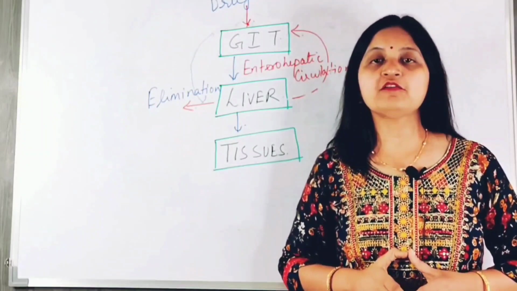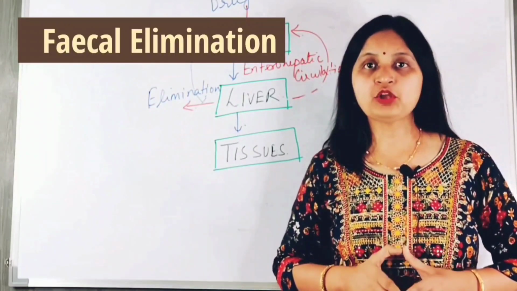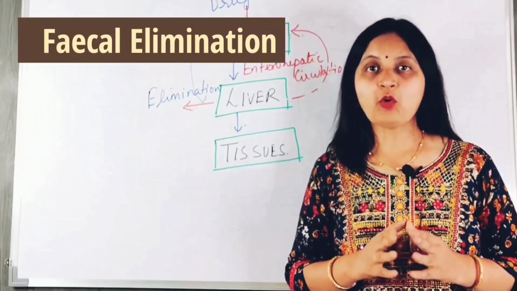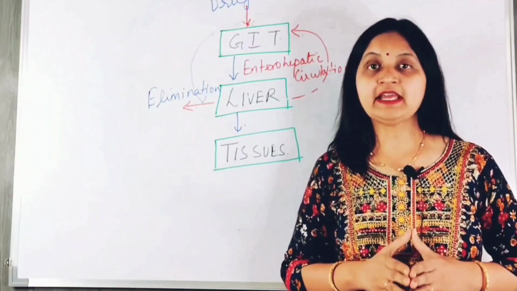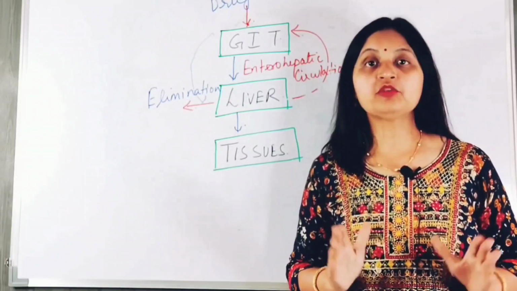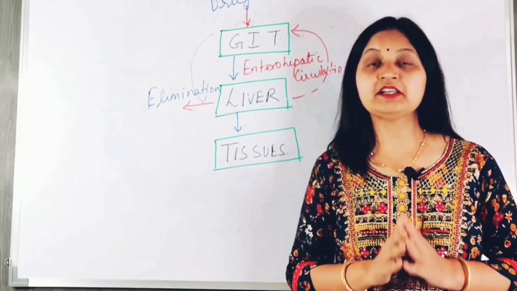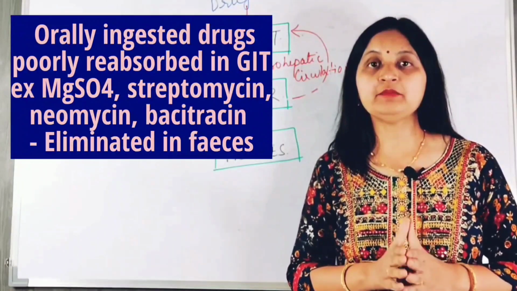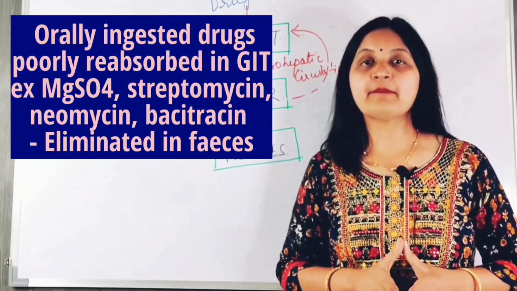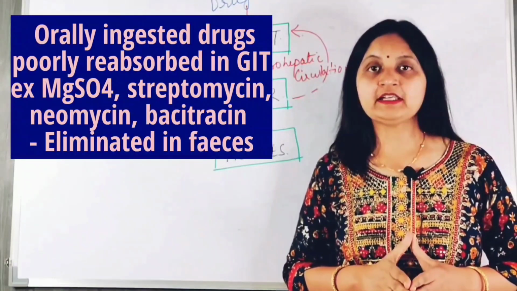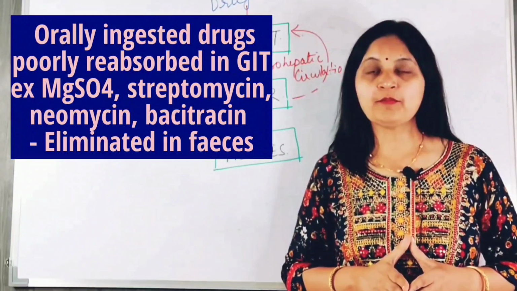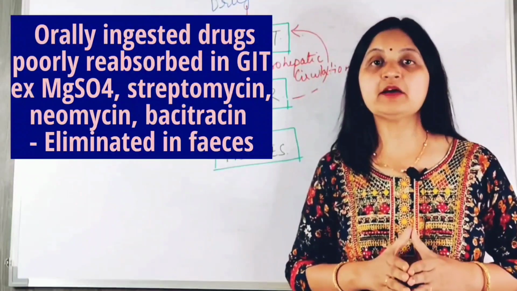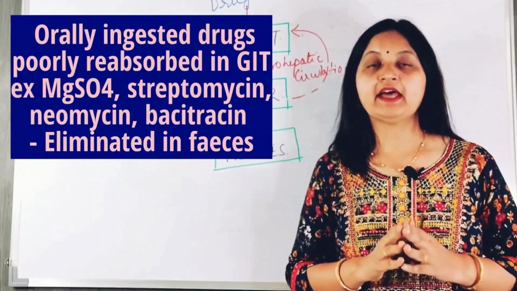The next route of elimination is fecal elimination. So drugs that are orally ingested reach the intestine and are not reabsorbed. So these are the drugs that are poorly absorbed in the GI tract and are excreted or eliminated through feces. For example, magnesium sulfate, streptomycin, neomycin and bacitracin are examples of drugs that are poorly absorbed in the GI tract and are eliminated.